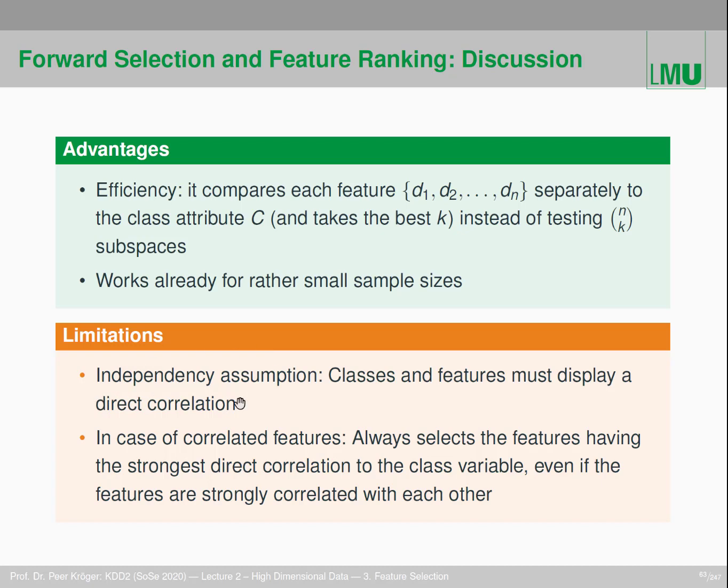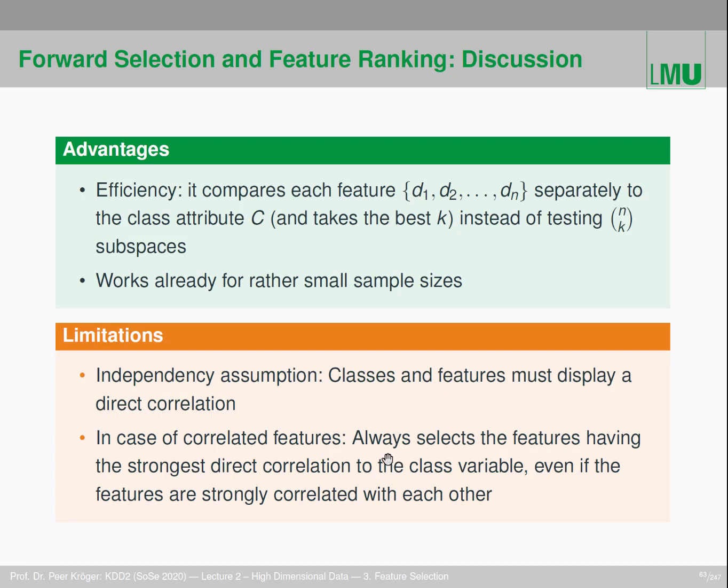The limitation, of course, is the independence assumption. So features must display a direct correlation to the class. You don't consider any correlations among features.